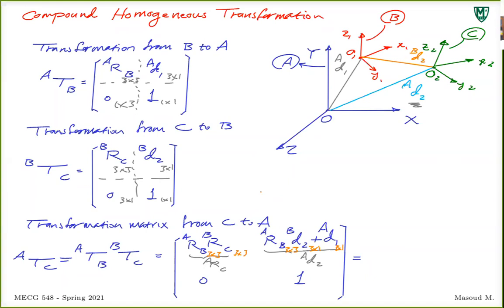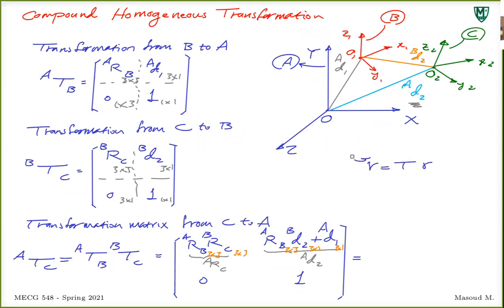Now, there are 2 ways. Let's think about it this way. There are multiple ways of doing that. If you have a point, you can transform its coordinates from C to B first and find its coordinates in B. And then the new coordinates, you can transform from B to A. So you can do this multiple times.